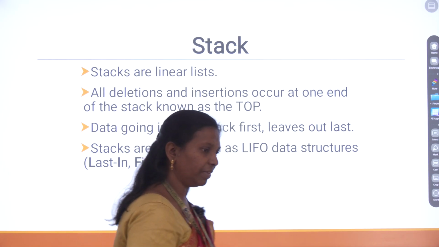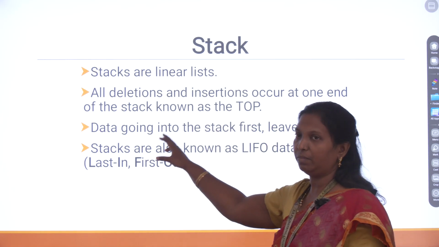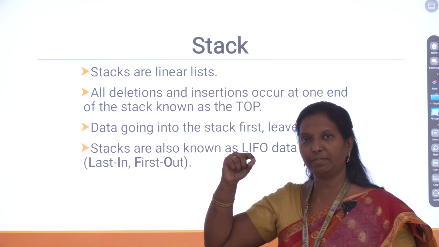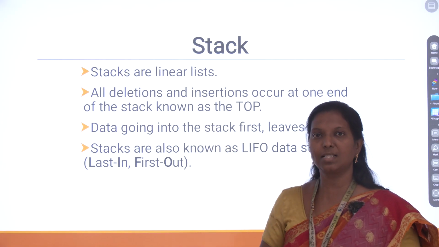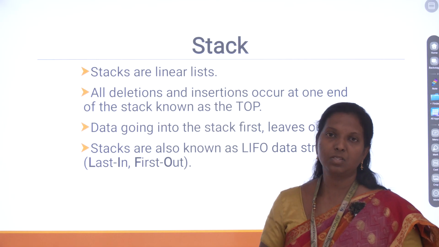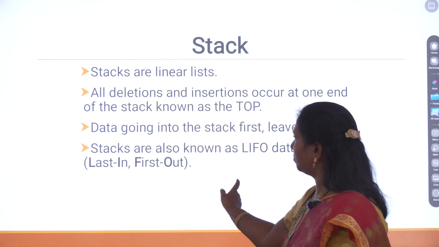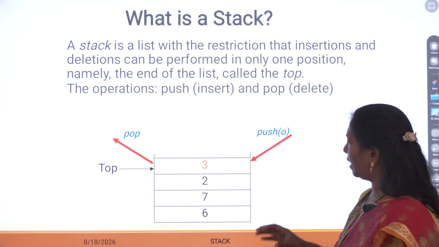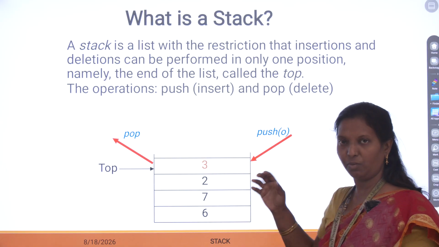The data that was placed last is fetched first from the stack, and new data has to be pushed on top. This is the scenario that happens in the stack. When we look thoroughly at last in, first out, the main operations are push and pop. Let me give you an example with four elements.